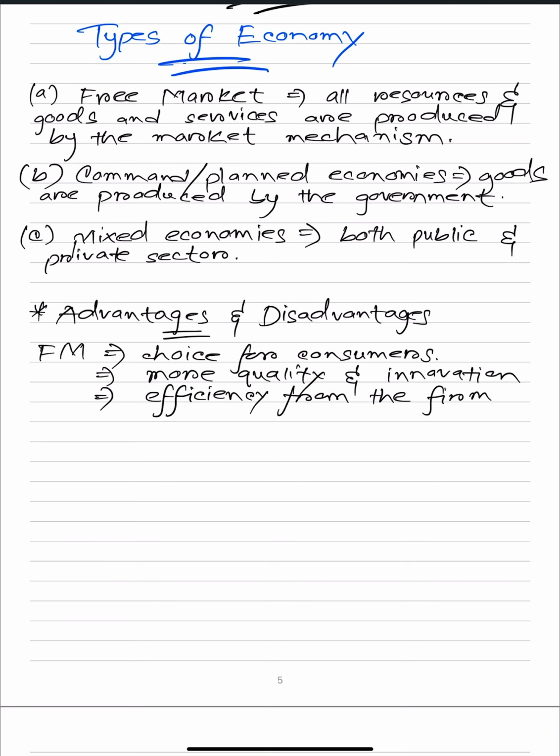So more choice, more innovation and quality of the products, more efficiency from the firms, and also a more market oriented economy, meaning more free market the economy is, it is assumed that there will be more economic growth.